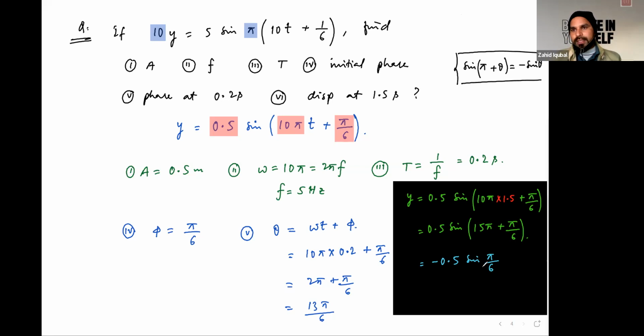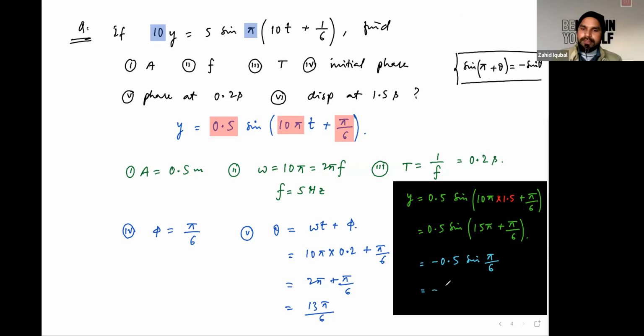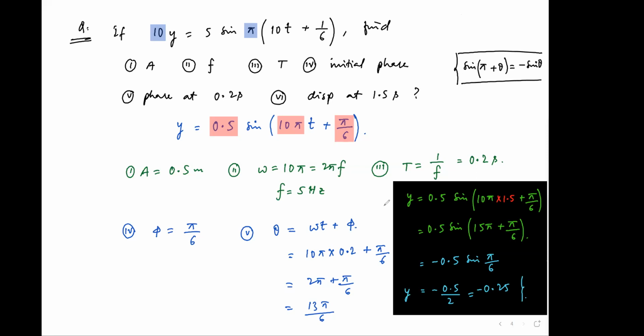Pi is 180 degrees divided by 6, so it will be 30 degrees. It means sine of 30 degrees. What will be the value of sine of 30 degrees? So 1 by 2. Good. So it will become 0.5 divided by 2, that is 0.25, and the negative sign would be the displacement at this instant. Salman, is it clear? Yes, sir, it's clear. Good. Just write it down.